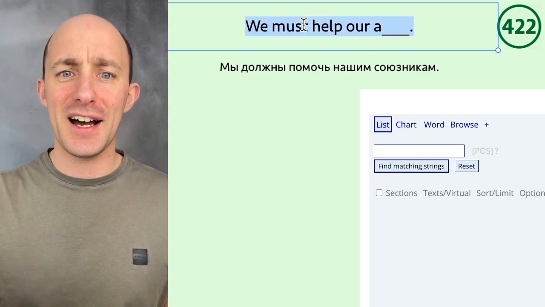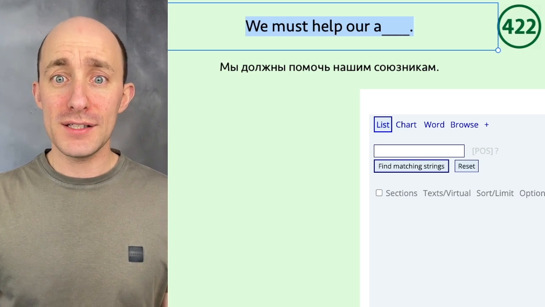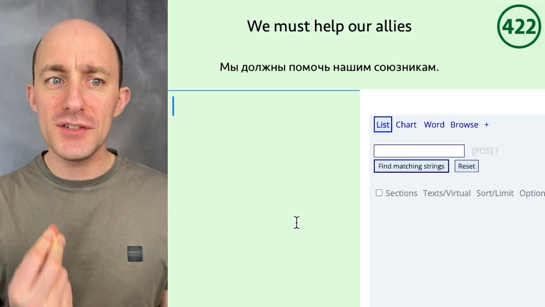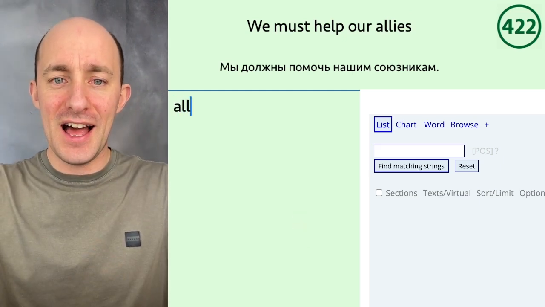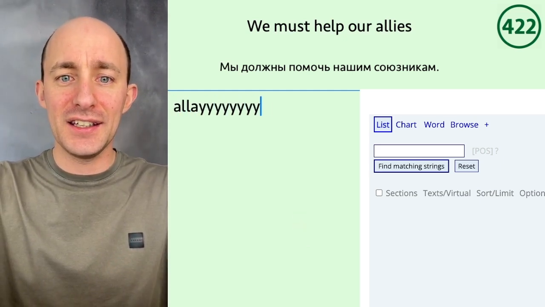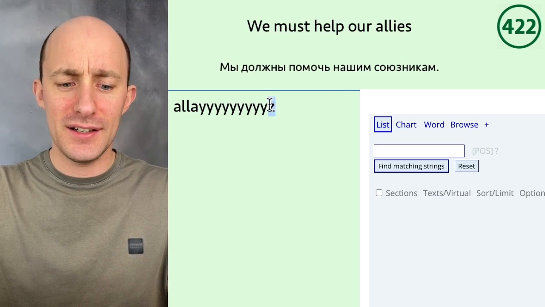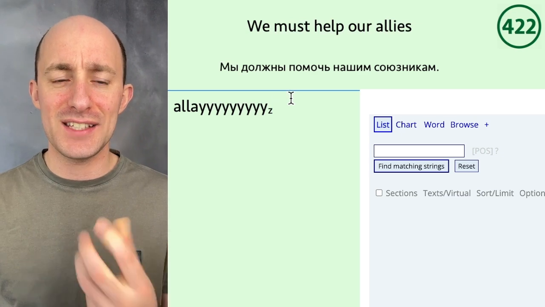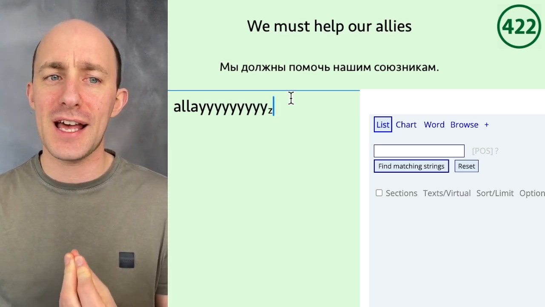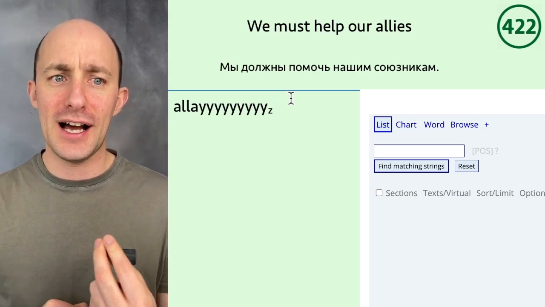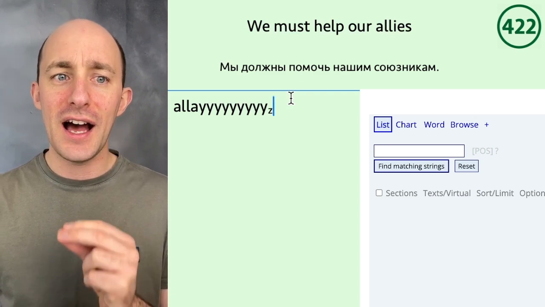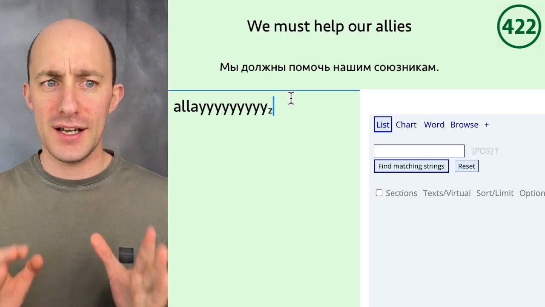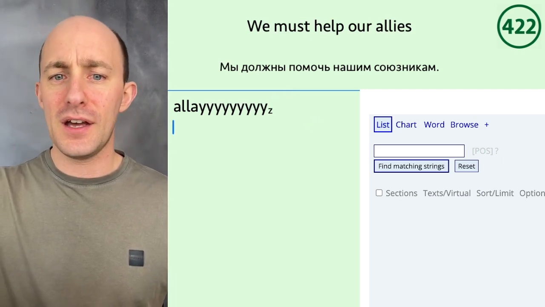Allies. We must help our allies. Again, lots of y in this one. Ally, and then a little z at the end. Allies. Hold the y. That will sound more natural. It's not just allies like Russian I. Allies. We must help our allies.